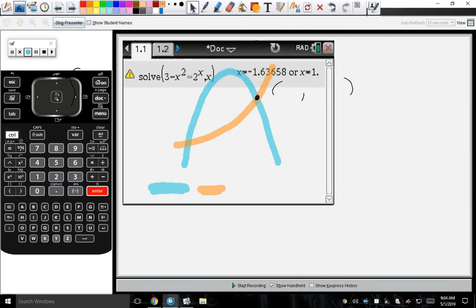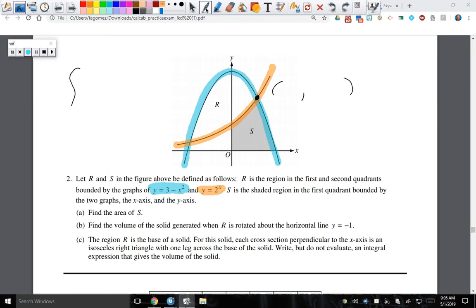And we have it at negative 1.6, and then the other one is at 1. Obviously, we want which one? The 1. So we're going to go here, and this is going to be 1. If you want to know what the y value is, just plug it into any one of these, and obviously the y value is going to be 2. So far, so good? Okay.